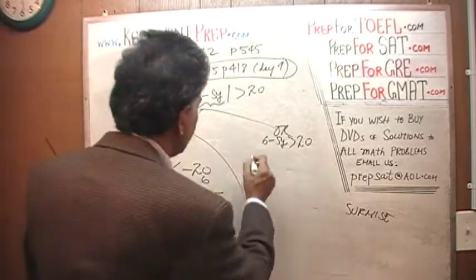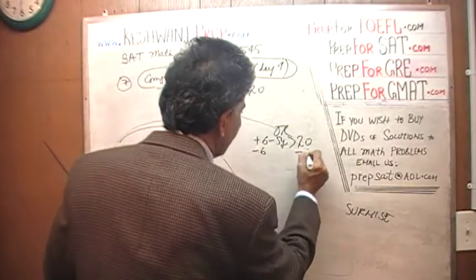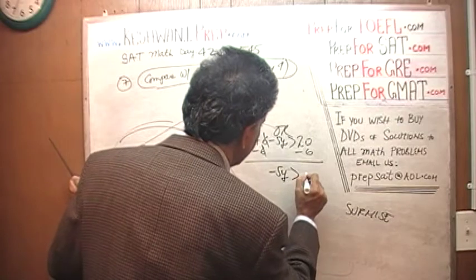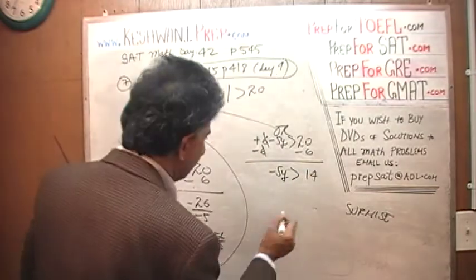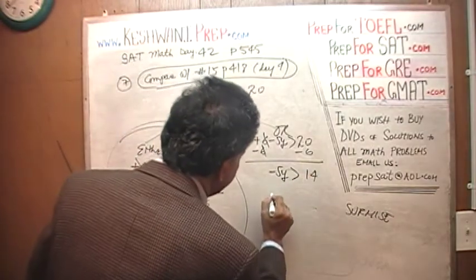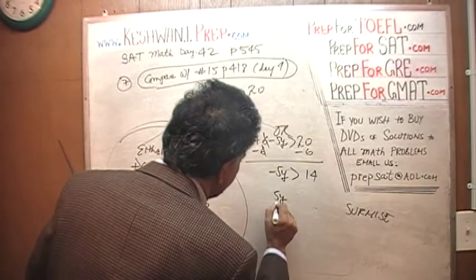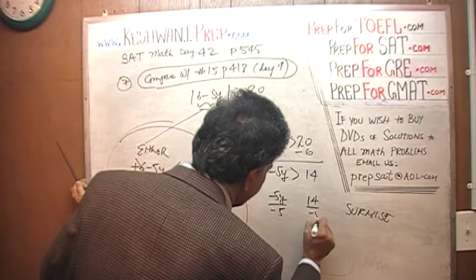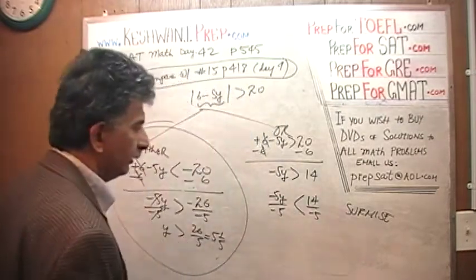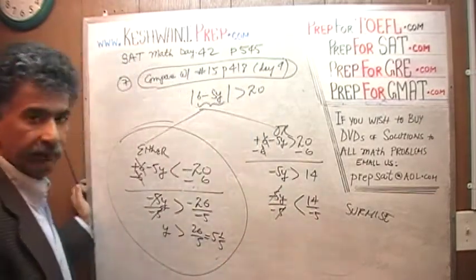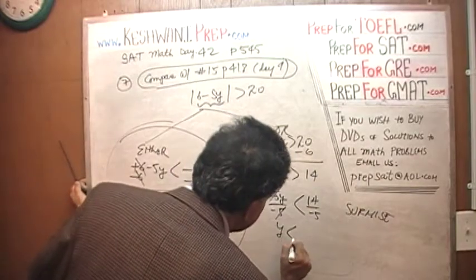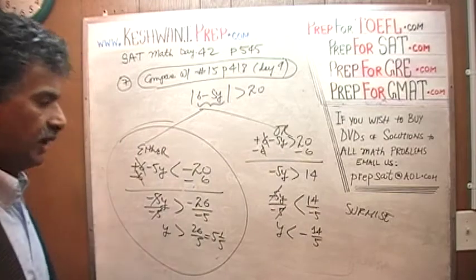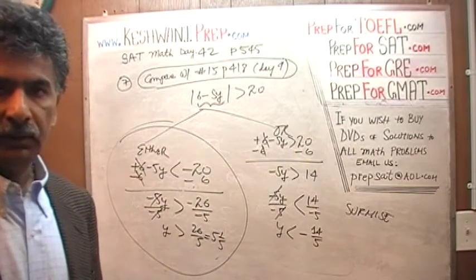Let's do that here. This is a positive 6, so subtract 6 from both sides. 6 drops out and negative 5y is greater than 14. Let's divide both sides by negative 5 again. If we divide both sides by negative 5, the direction switches. The negative 5s drop out, and now we know that y is less than negative 14 over 5.